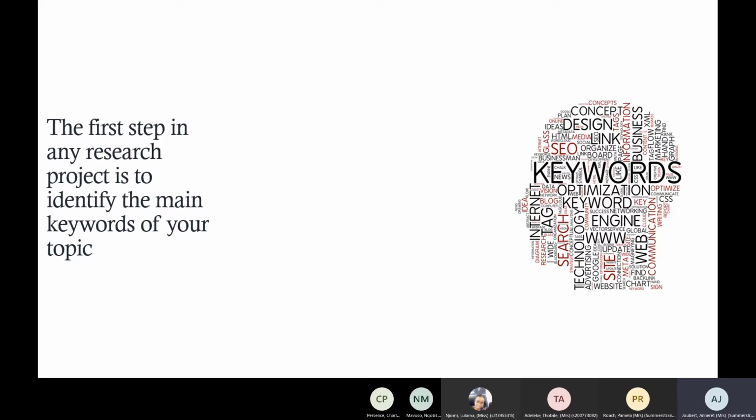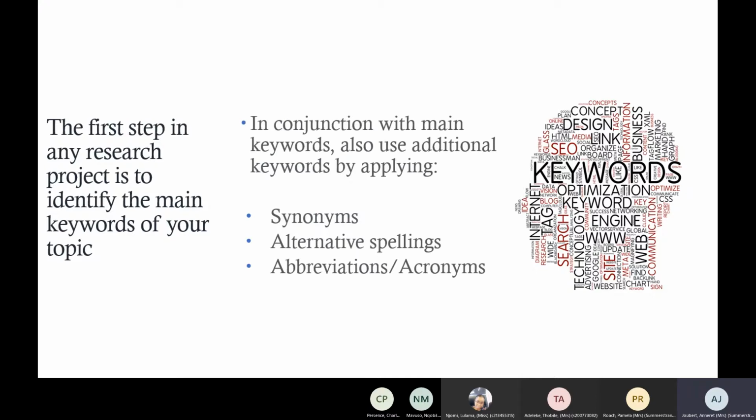You have to identify your main keywords before you continue to actually start with the search. In conjunction with main keywords, you also use additional keywords by applying your synonyms, alternative spellings, and you can also use abbreviations or acronyms as alternatives.